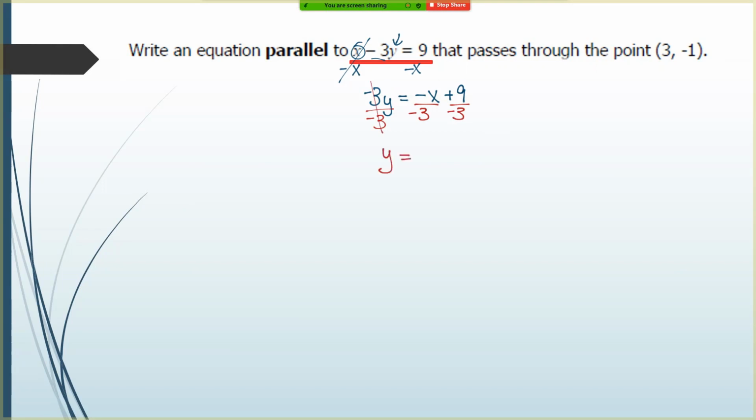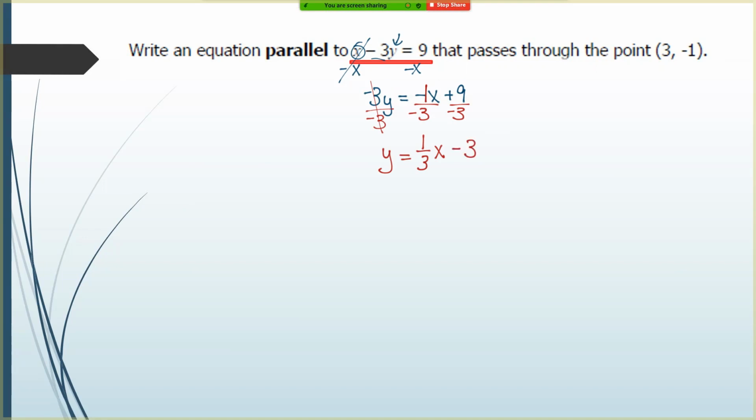So y equals, when I have a -x divided by a -3, that's really like me having a -1x divided by a -3. So the negatives will cancel and I'm just left with 1/3 and the x is still hanging out there. 9 divided by -3 is -3.